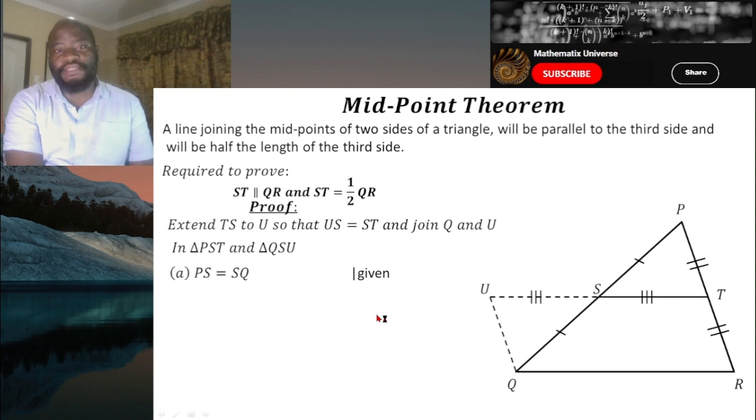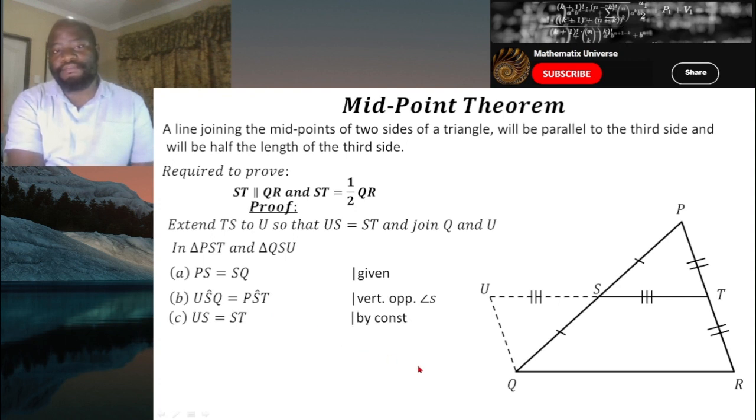So the first statement says PS is equal to SQ. This was the given information. And then we also see that these two angles are equal. The angle here and the angle here are vertically opposite angles. So USQ is equal to PST. And this line that we just extended here, we made it to be equal to ST. So this is by construction, they are equal.